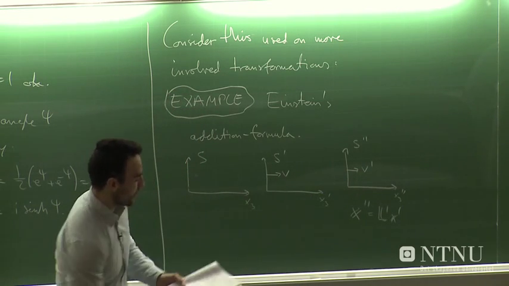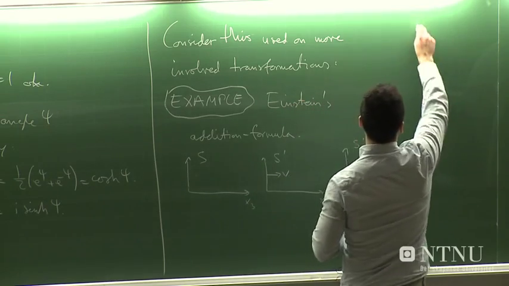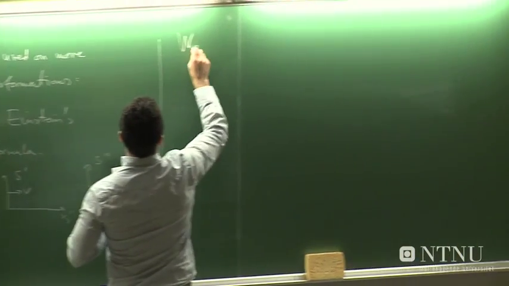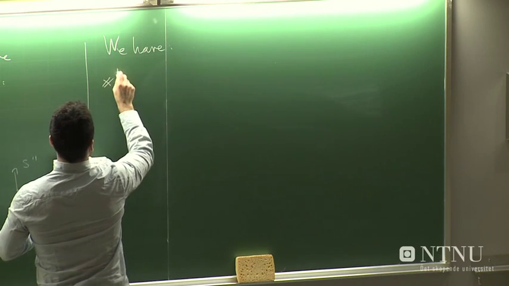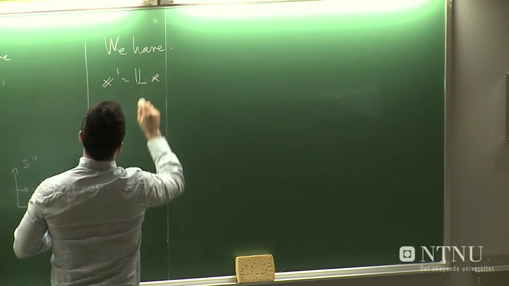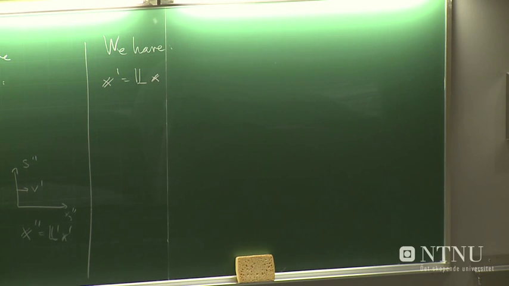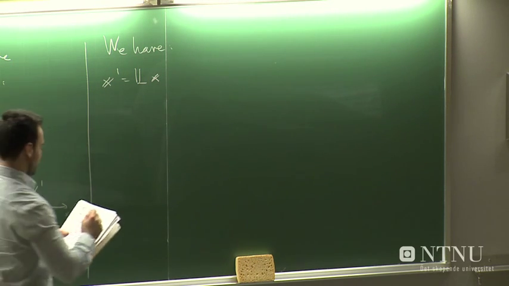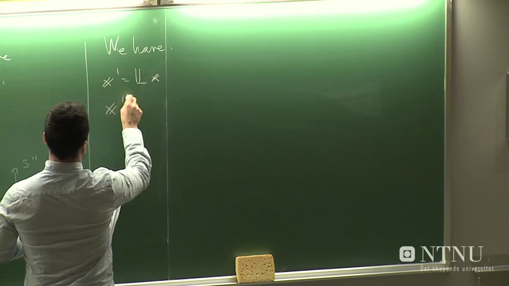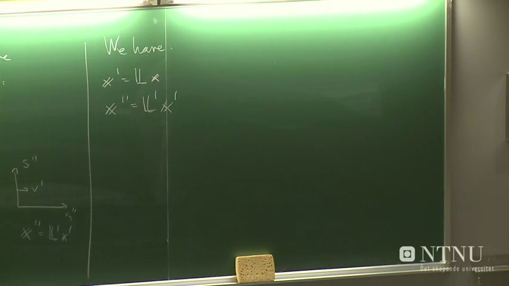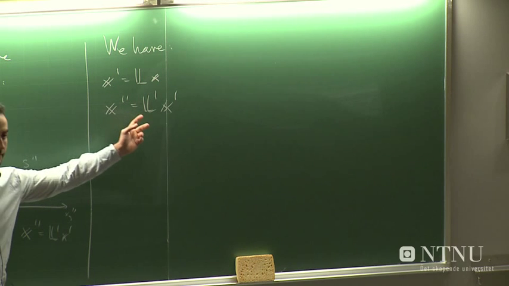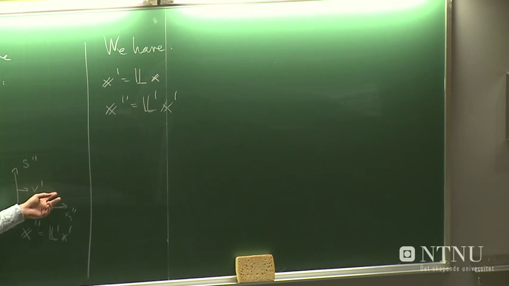Okay, so let me go through the math here. First we have this. And then we have the following equation taking us from the prime to the double prime system.